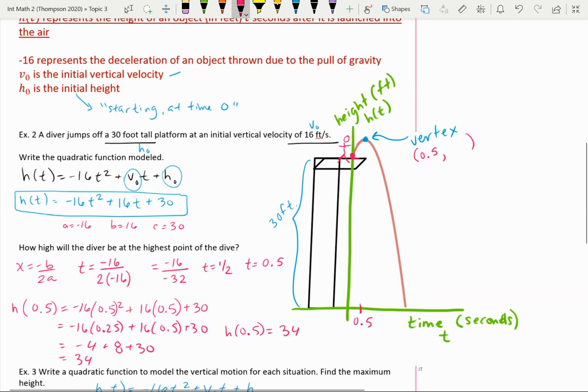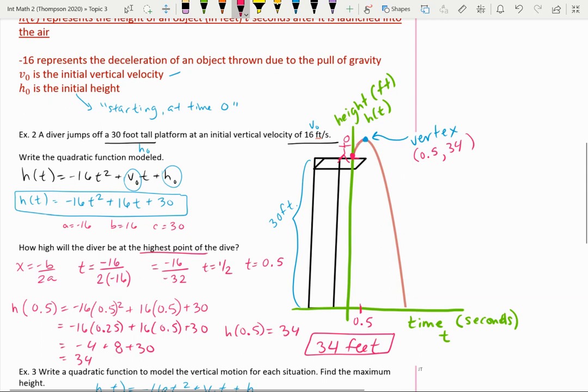So what does that mean? That means the point is (0.5, 34), and 34 stands for height. So my answer for how high the diver will be at the highest point of the dive is 34 feet.